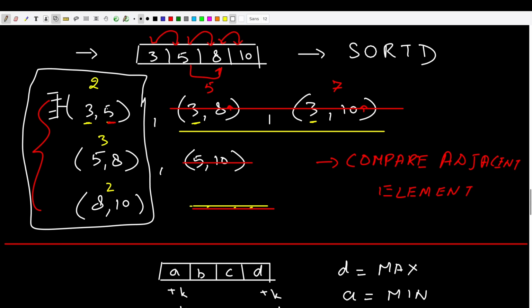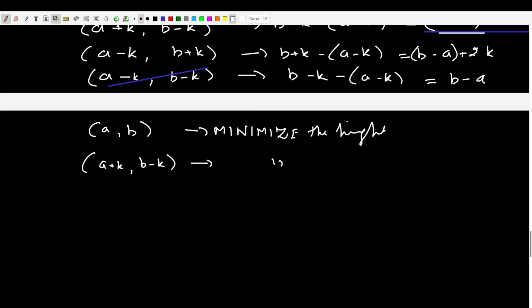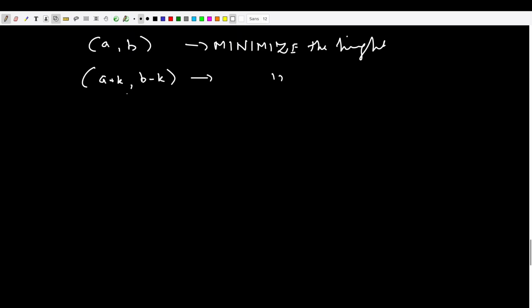From the maths, we saw that we can just rely on one combination, which is to increase this by k, and decrease this by k, right? And we will get our answer. Okay, so I hope the second concept is also clear.